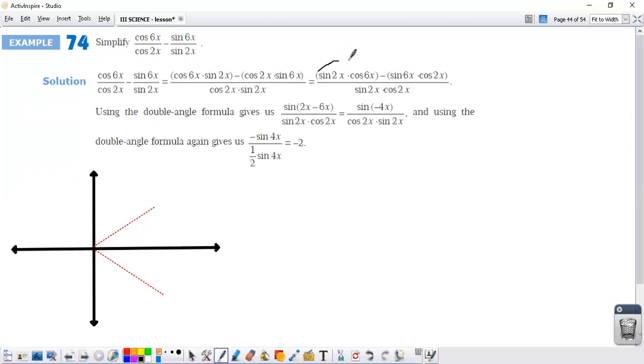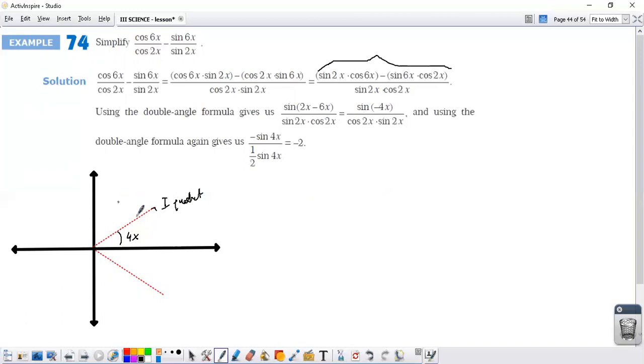So the top will be sine 2x minus 6x, which is sine minus 4x, divided by sine 2x times cosine 2x. Okay. For sine minus 4x, we are going to apply the symmetry formula. What is the symmetry formula? If we have positive x, it's going to be in the first quadrant.